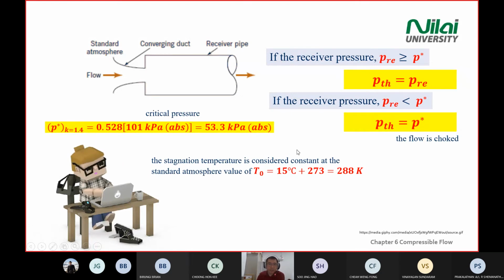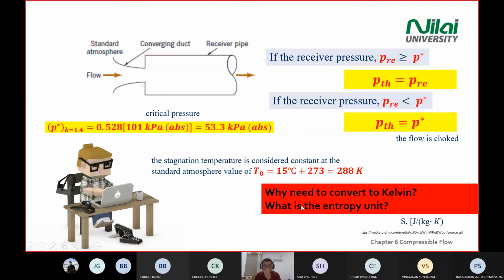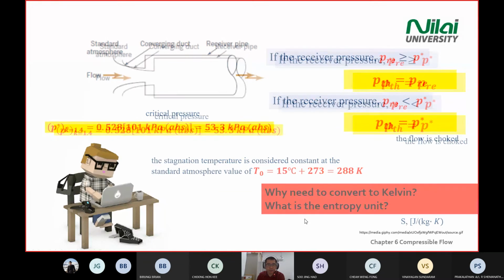In the calculation for chapter 6, we know that all our temperatures will be in Kelvin, so this is a simple calculation, plus 273. Because when we have stagnation cases, our entropy always comes into the picture. Our S unit is joule divided by kilogram Kelvin. So it's always safe to convert all the temperatures to Kelvin.